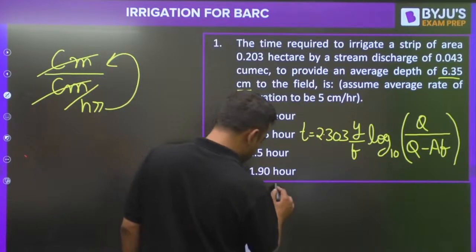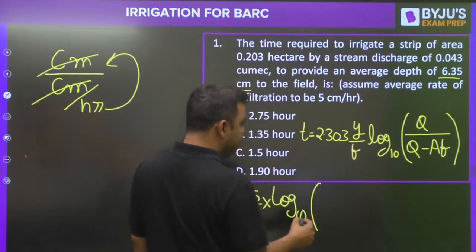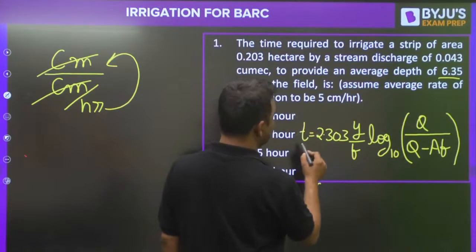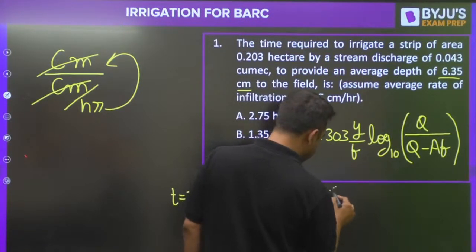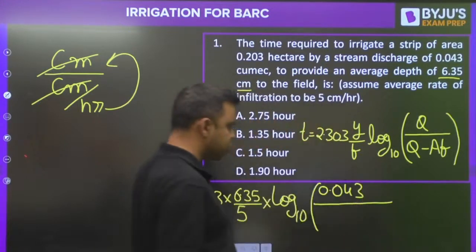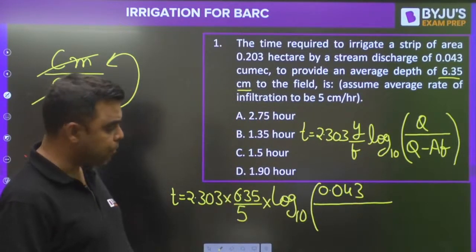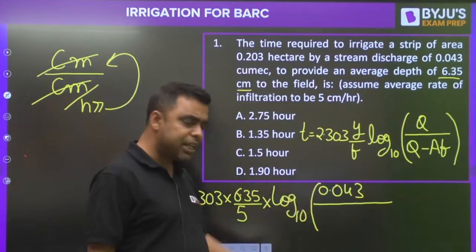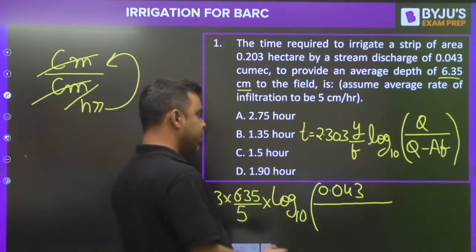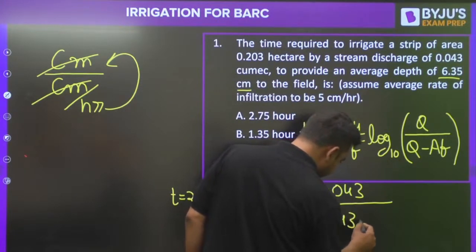Into log to the base 10 Q upon Q is how much? That is 0.043 cubic. So I'm keeping the value in terms of m cube per second. The discharge in terms of m cube per second. Since numerator is in m cube per second, denominator should also be in m cube per second. So again discharge 0.043.